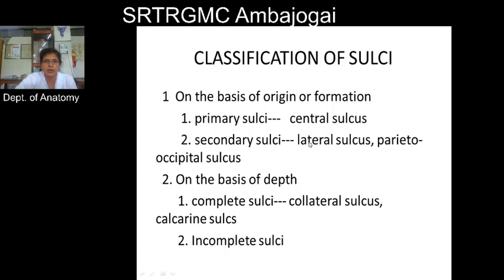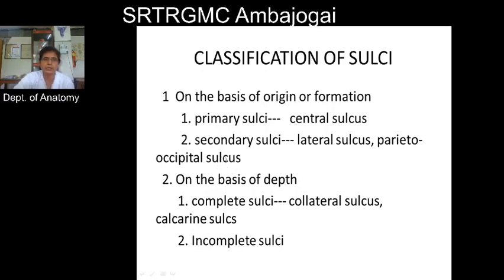So this insular cortex grows slowly and the adjacent areas grow faster, so they overlap the insular cortex and there is the development of the lateral sulcus, which develops secondary to the slow growth of the insular cortex.